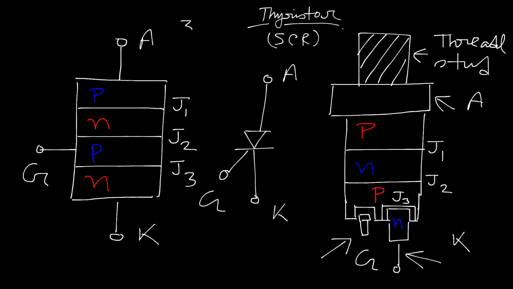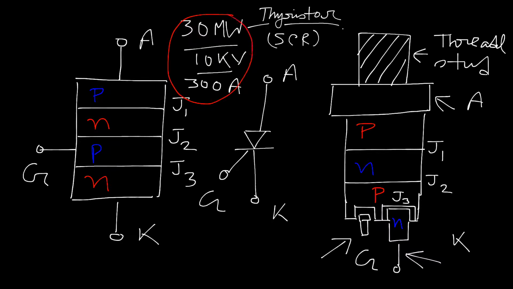That means the voltage rating is near about 10 kilovolt, and the current handling capacity is near about 3000 ampere, which is very big in magnitude. So that is actually the specification of the thyristor normally used for application purposes.